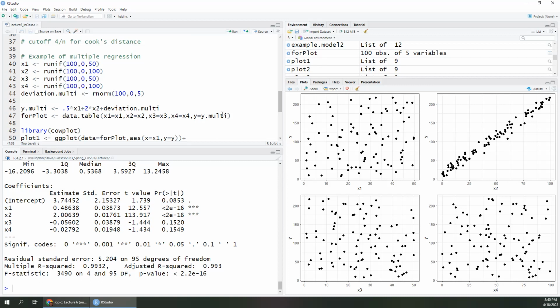So we're going to look at a couple more things related to types of variables and interpretations. So let's hop back to the notes and the whiteboard.